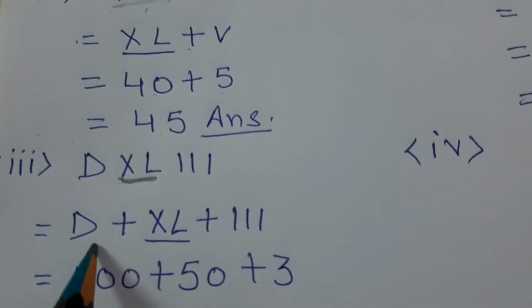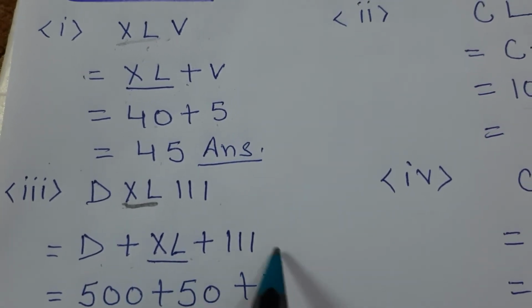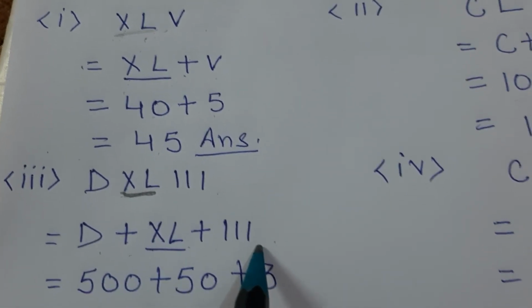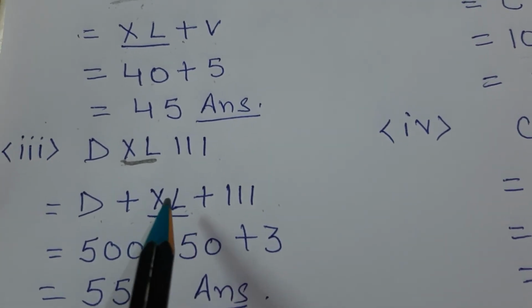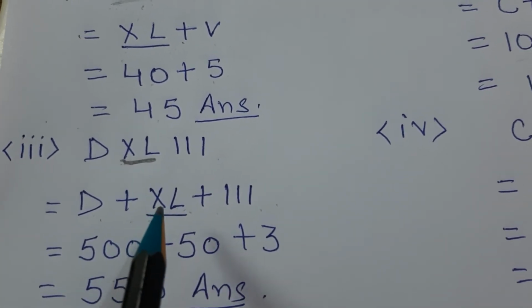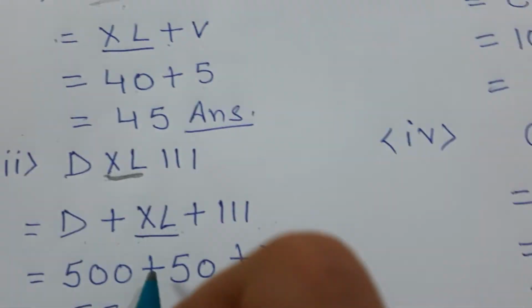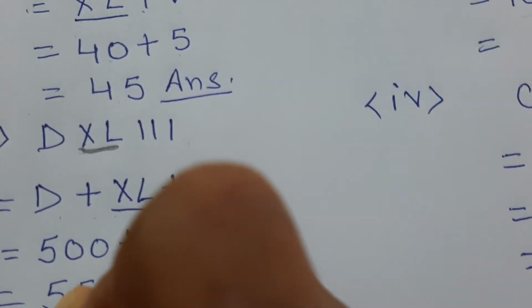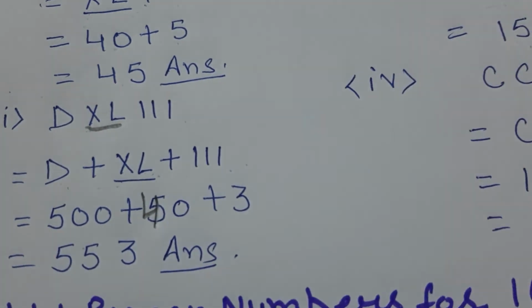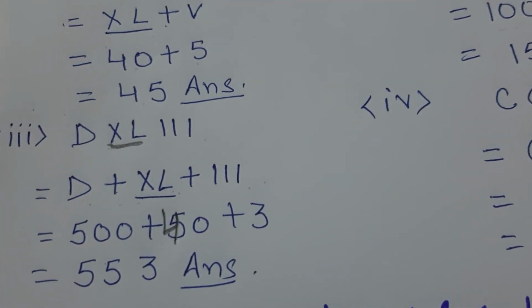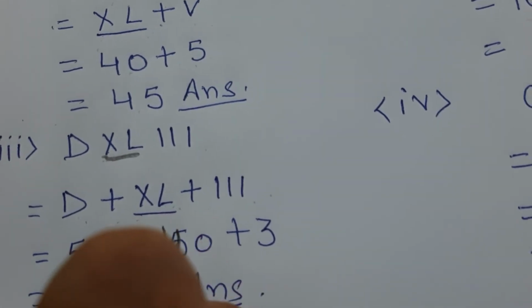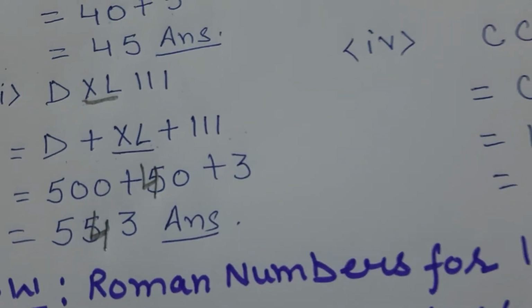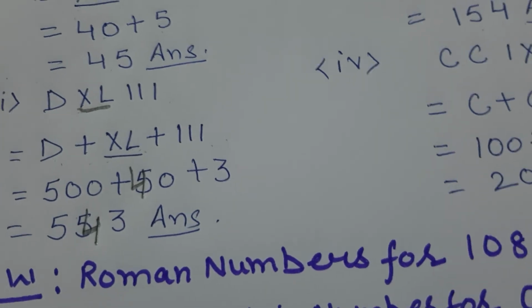So D plus XL plus 3, triple I. D is for 500. XL you all know, 50 minus 10, that is 40. Sorry, I wrote 50 by mistake. It is 40. So this number will become 543.